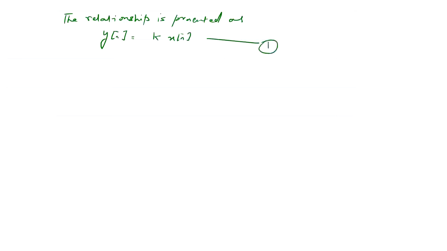This is equation number 1, where k is a gain, and it is basically a constant.